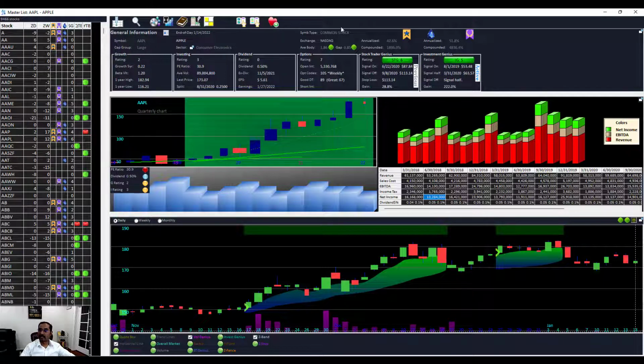So the general information will provide you an idea of how is the growth rating, how is your investment rating, dividend and option rating. And these two tabs are our proprietary tabs, which will tell you, if you are a short-term investor, which is less than 1 year, how it performed.